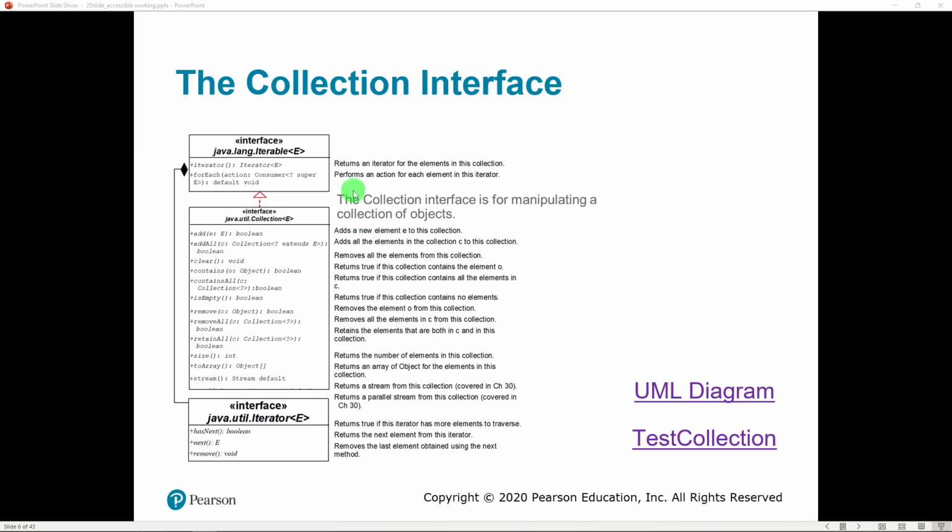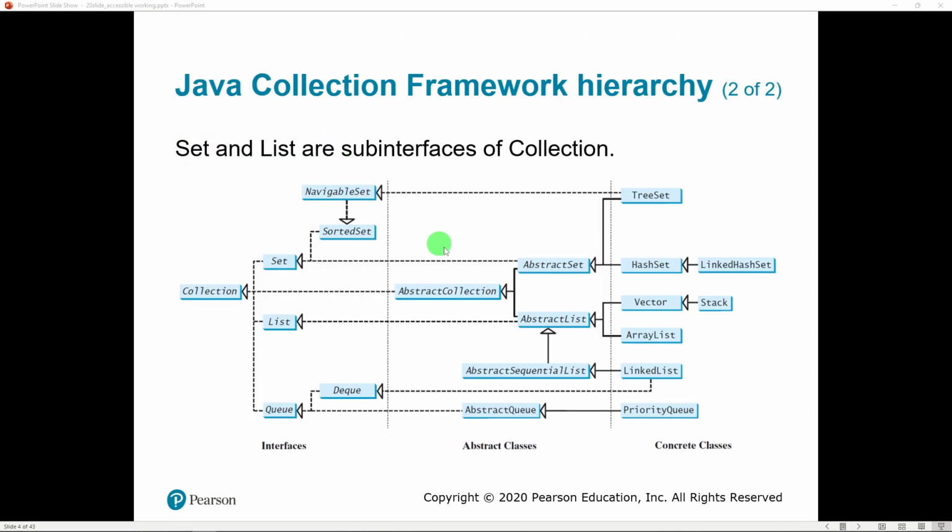Now, the abstract collection, if we go back to the chart here, implements a lot of those things for us, so that these concrete classes that we're getting to down here don't have to write those.